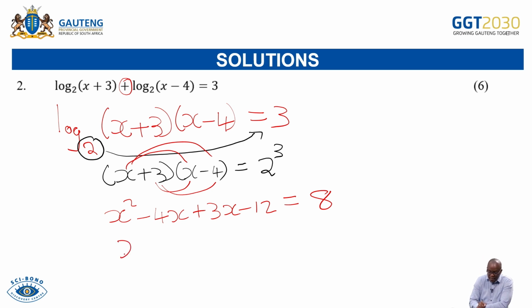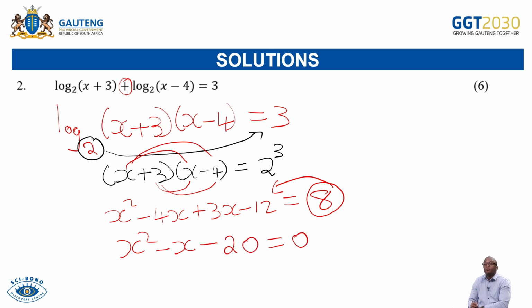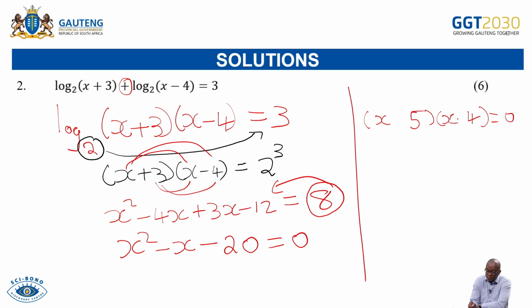Then x squared minus x minus, if I take this one and transpose it, it will be 20. Then now we can do what? We can factorize. Factors of 20 that can give you 1, it's 5 and 4, positive and negative.